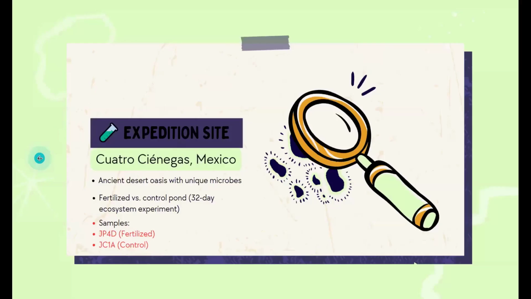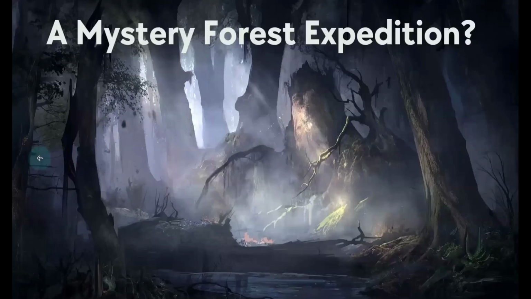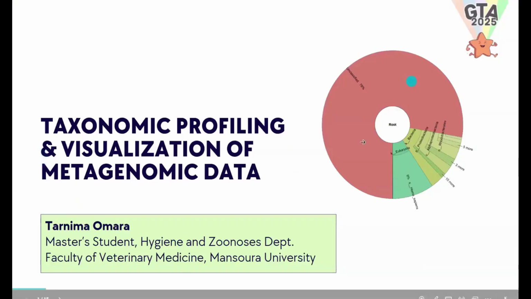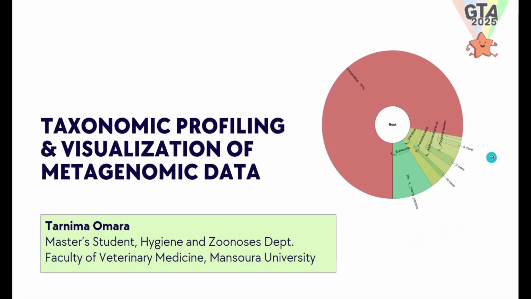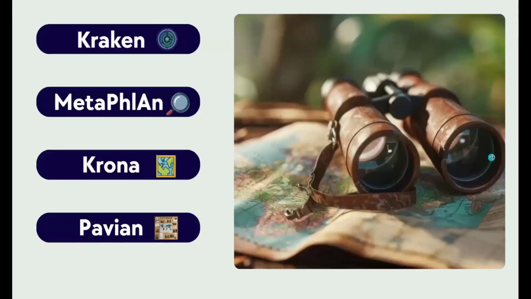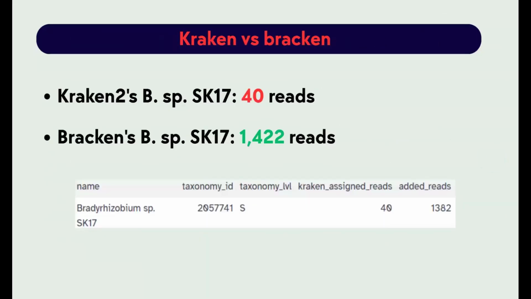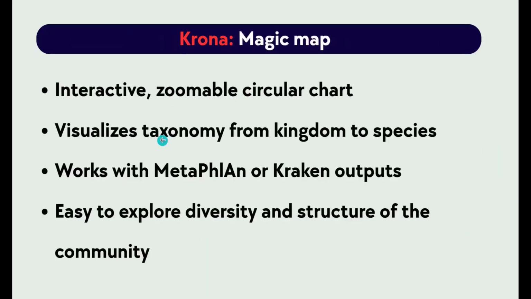The same as this, from kingdom all the way down to species. Moreover, we use it to visualize our Kraken data after a quick conversion and MetaPhlAn results, helping us see which microbes dominate and where they fit in the bigger biological picture.